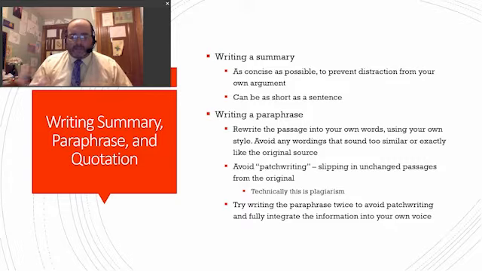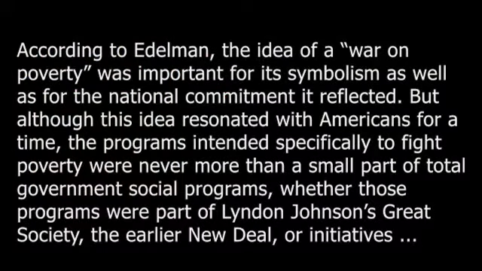Okay? Compare that to the next paraphrase that Jagielski gives us, which is a little bit better, because this time the writer is actually using their own phrasing to try to express what Edelman's saying. Okay? So take a listen to this. This is an approved paraphrase. According to Edelman, the idea of a war on poverty was important for its symbolism as well as for the national commitment it reflected.